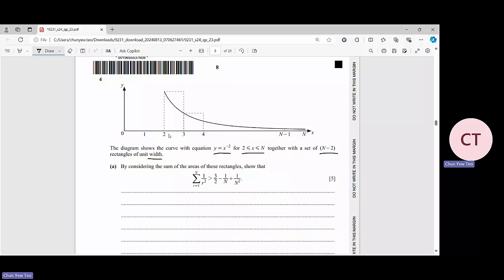So unit width means the length over here is 1 unit. So this is called the unit width. Now, they are asking us to consider the sum of the area of the rectangles, show that this inequality is true. So how are we going to show it?